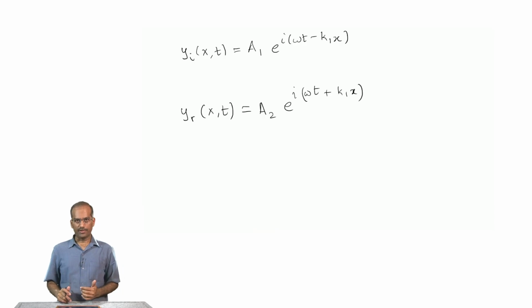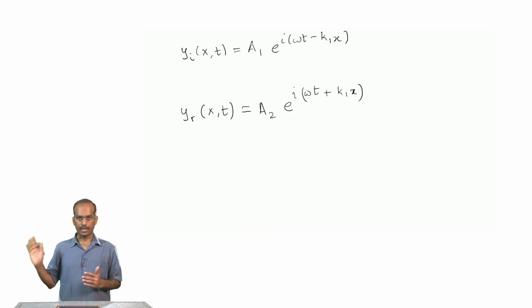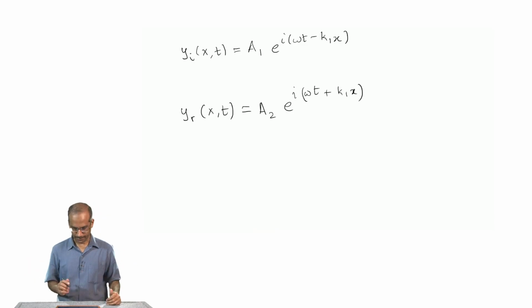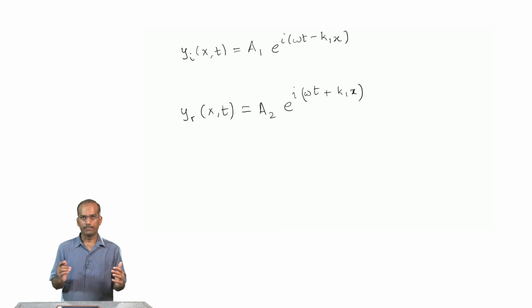In the case of the reflected wave, it goes in the opposite direction, so I need to change the sign of x, which is why I have e power i (omega t plus k1 x). That tells me explicitly that it is a wave that is going from right to left, and all these are happening in medium 1, corresponding to x less than 0.